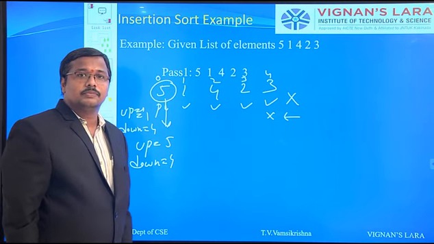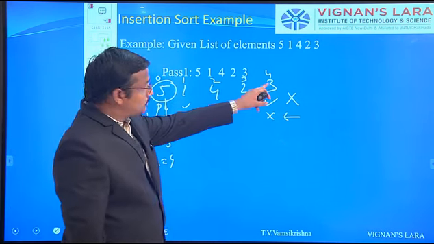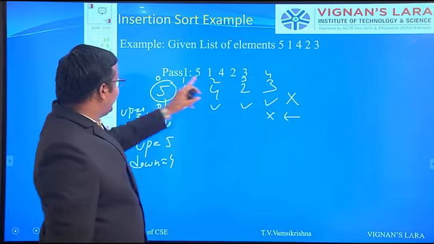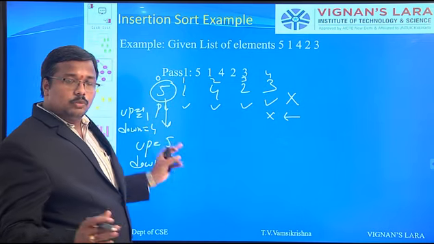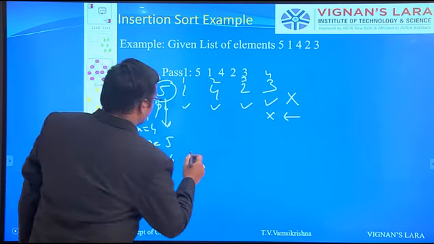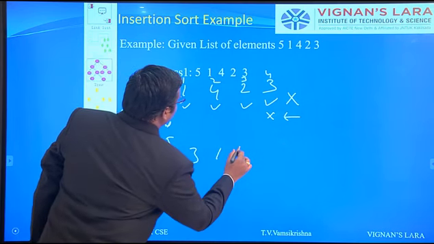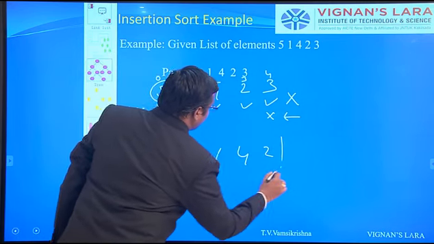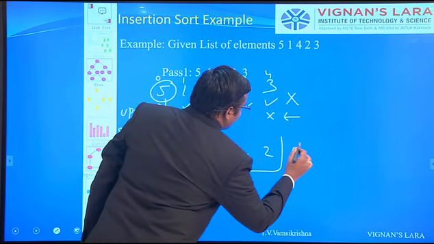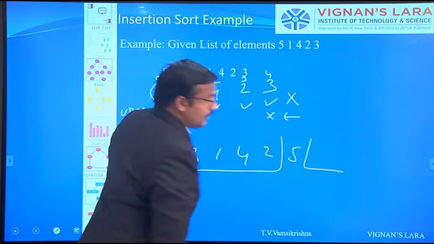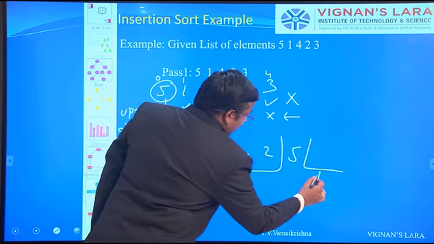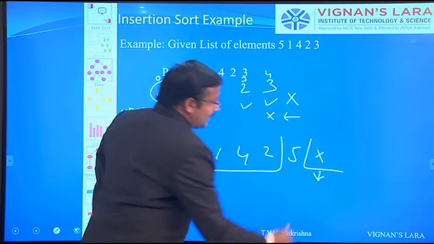What happens? The element pointed to by down and the pivot are swapping each other. So 3, 1, 4, 2 is one array and 5. See, very important here, the right hand side has no elements.